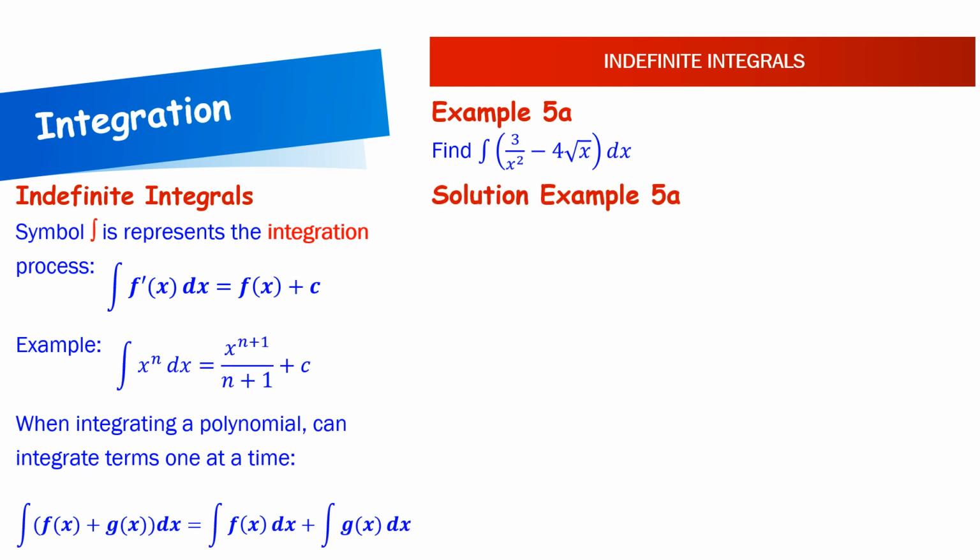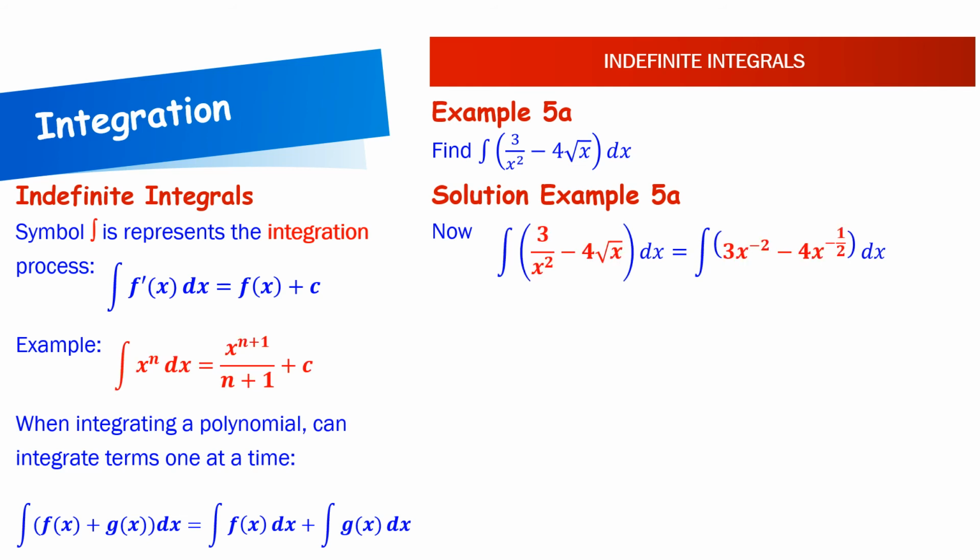Let's solve this. This integral can be expressed as 3x to the minus 2 minus 4x to the minus a half.